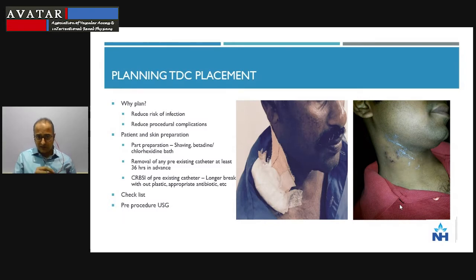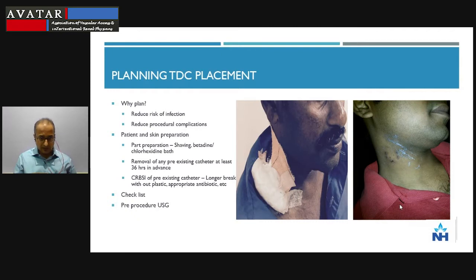Our care of catheters should start even before the catheter goes in. Most of the time, patients have already got a temporary catheter before we can put a tunnel catheter. So planning the tunnel catheter insertion is very important. We should not pull out the temporary catheter and put a tunnel catheter after 1 hour, 2 hours, 3 hours, 6 hours.